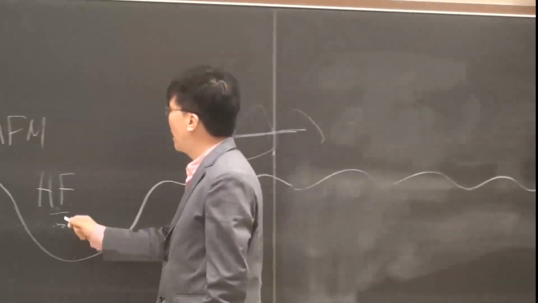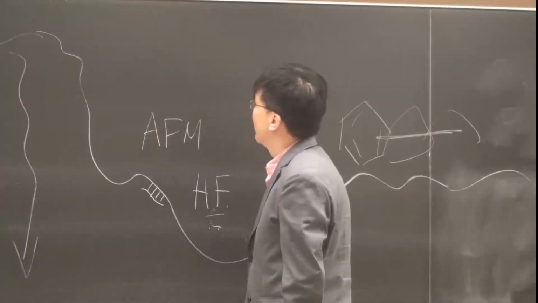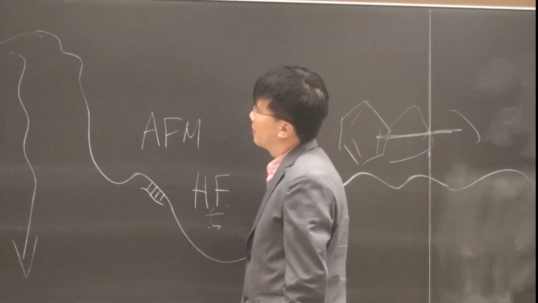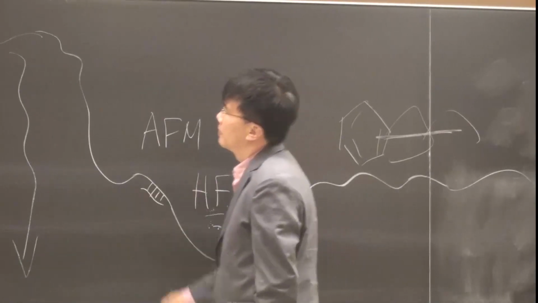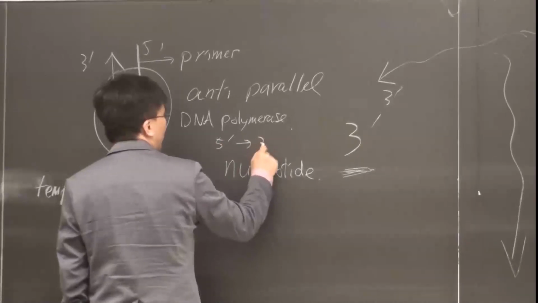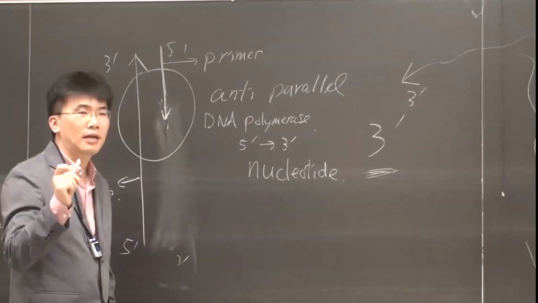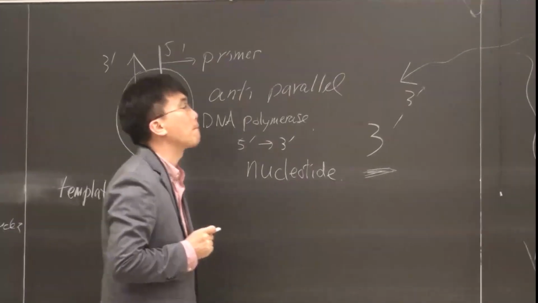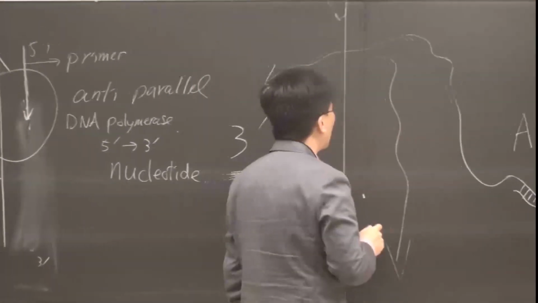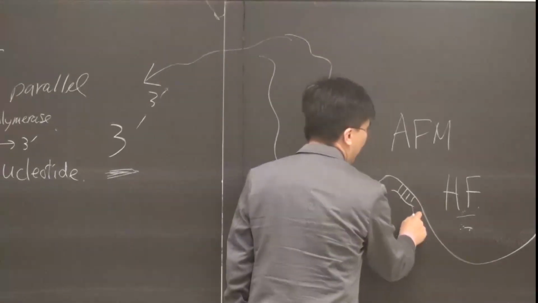So if you have a primer somewhere here, then the copying can occur in which direction? The polymerase always copies in the 5' to 3' direction. Every known DNA polymerase copies in this direction. So this one will copy DNA in this direction.